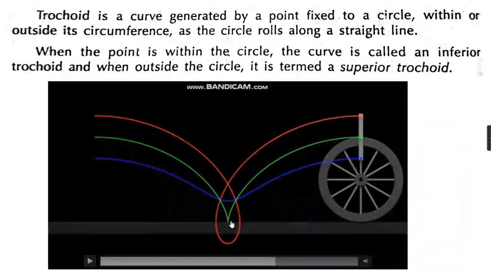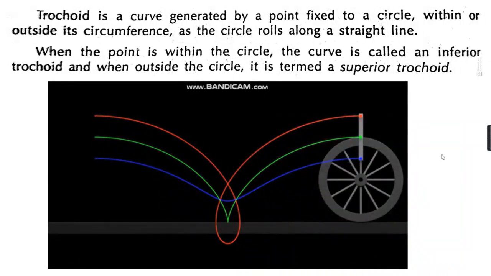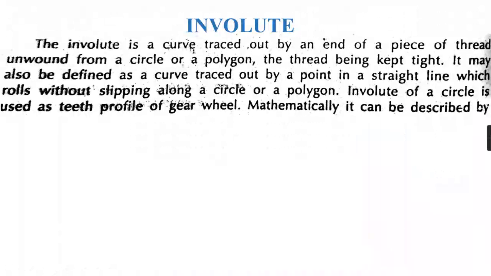So another curve is the involute. The involute is a curve traced out by the end of a piece of thread unwound from a circle or a polygon. Suppose there is a circle, or you can say you have a ball, and around the circle or ball there is a thread wound around it.